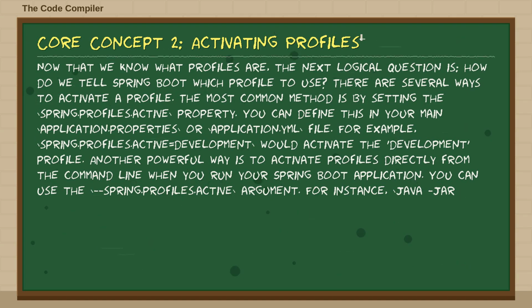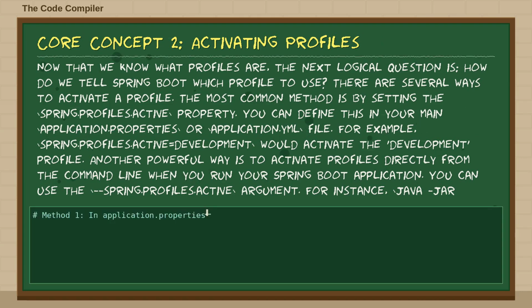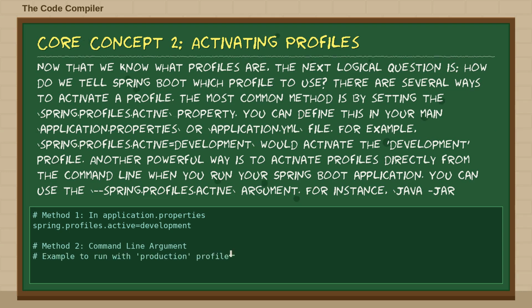This command line activation is especially useful in continuous integration and continuous deployment pipelines, allowing you to deploy the same artifact to different environments by just changing the activation command. Remember, you can activate multiple profiles by separating their names with a comma.